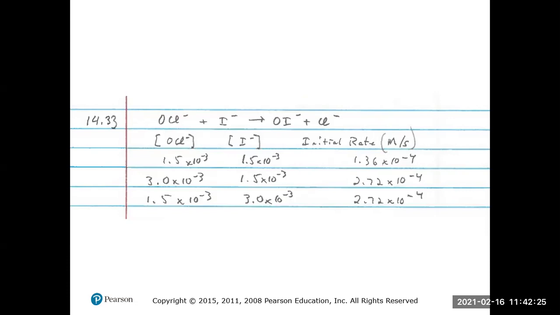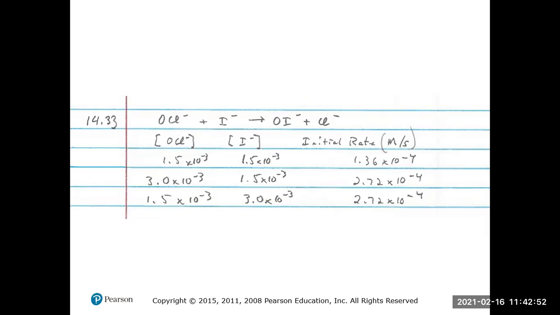Let's take a look at the I minus. If we look at the first experiment and the third experiment, in those experiments, we've held the OCl minus constant at 1.5 times 10 to the minus 3. But we varied the I minus concentration.